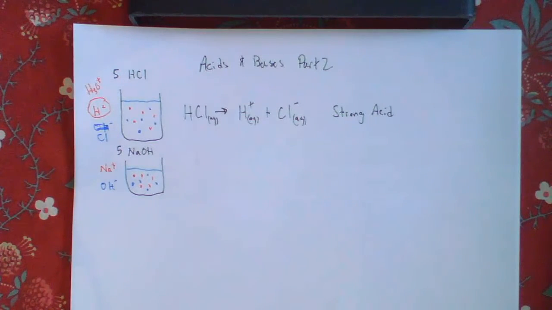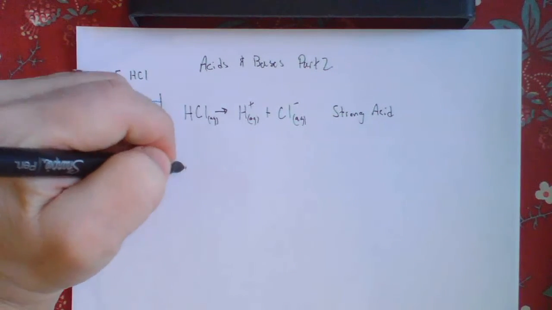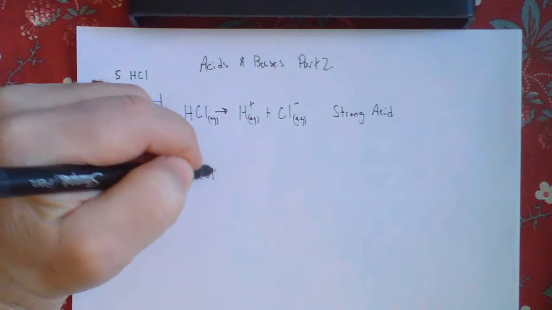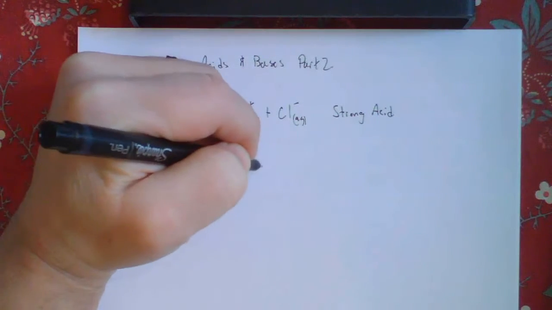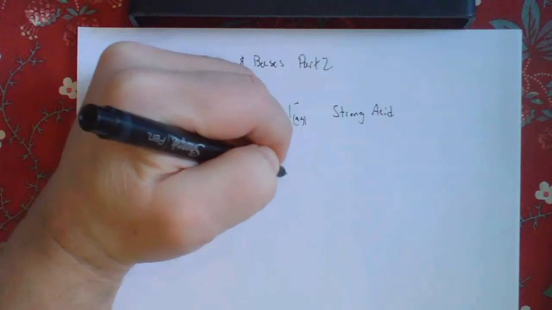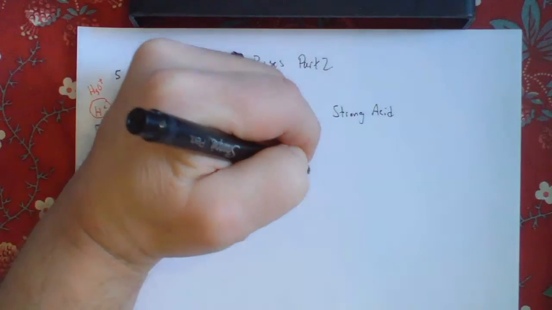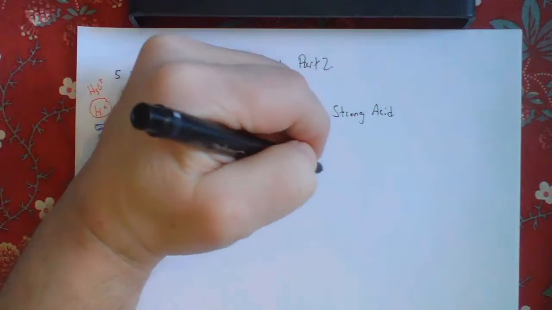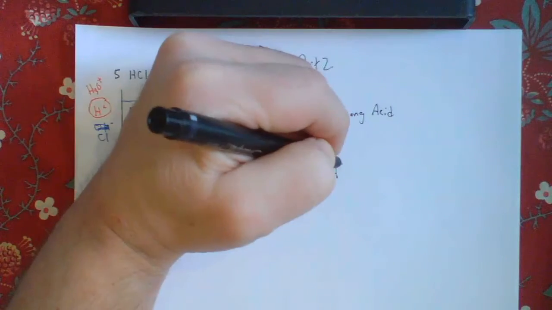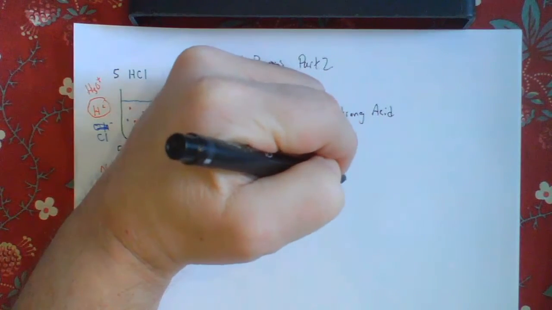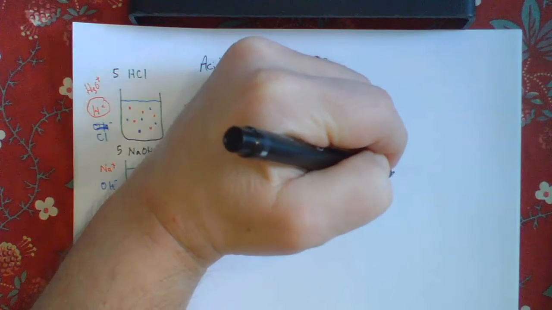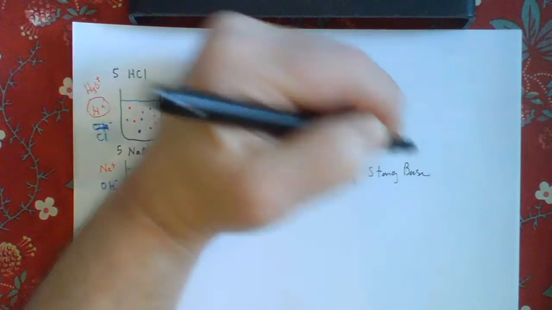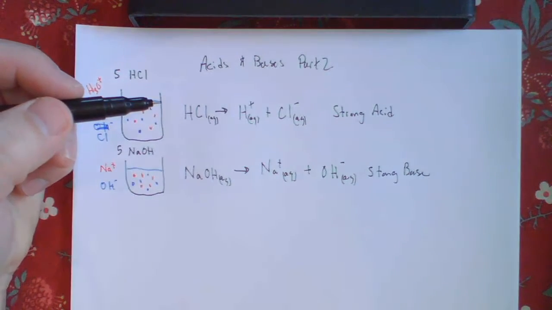When we look at our dissociation of sodium hydroxide, we get sodium ions and hydroxide ions. And this is what we consider to be a strong base, because it's going to dissociate fully.